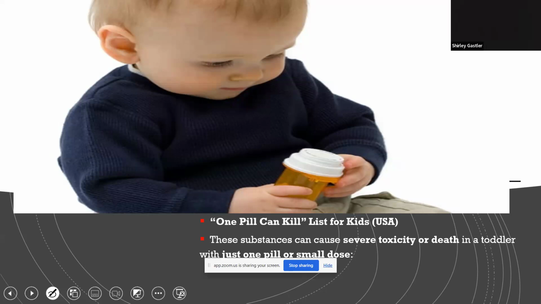Do we have any guesses for one pill can kill? Beta blockers. Beta blockers is on there. Pain, yeah, opioids, pain pills, you bet.